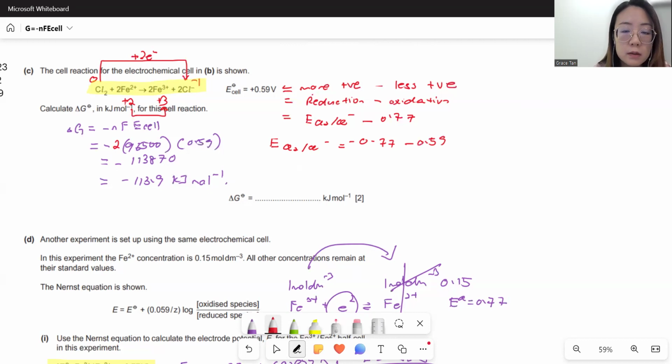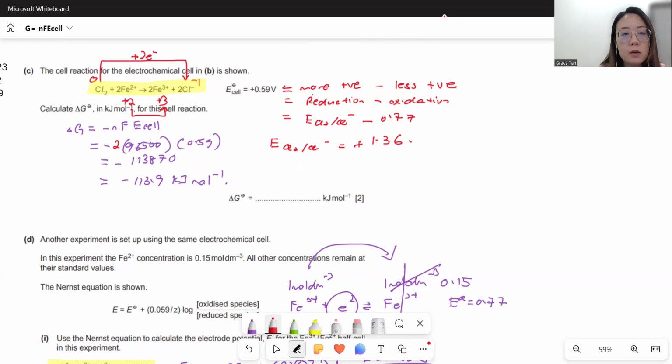Reduction minus oxidation. Just give me a moment. The E value will come out to be positive 1.36. Wait, actually, okay.